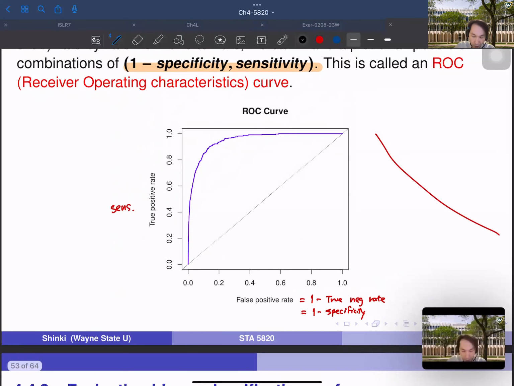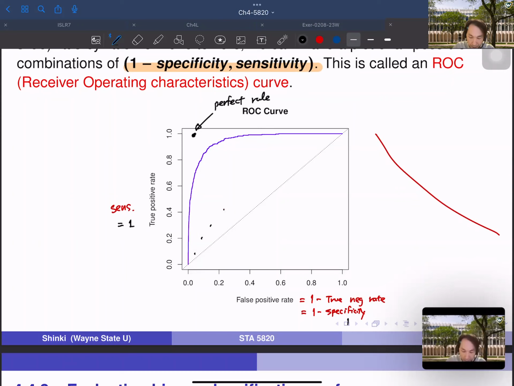What's the perfect situation? The perfect situation is sensitivity is 1 and specificity is 1. So that means 0, 1. So this is the perfect ideal case. If we have a perfect rule, then we get this point. But actually, it's not perfect, so we have this kind of curve.